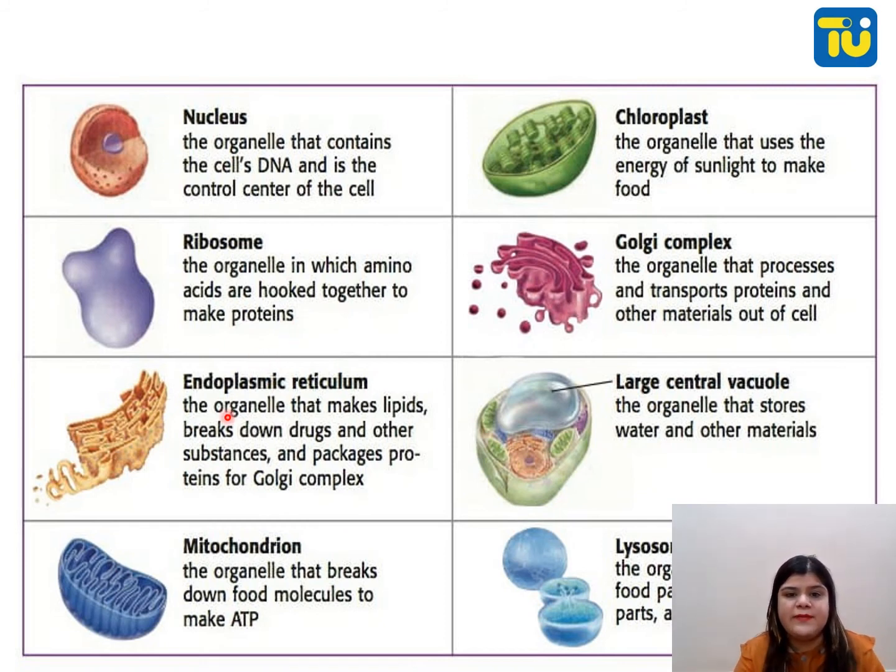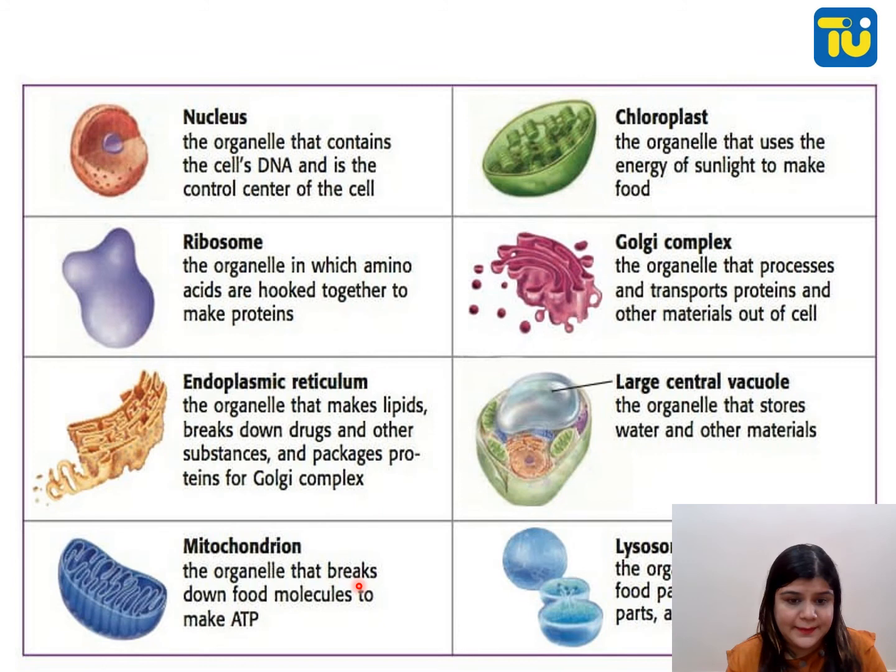The endoplasmic reticulum makes lipids, breaks down drugs and other substances, and packages protein for the Golgi complex. So the endoplasmic reticulum is also known as the packaging unit of the cell, and also as the skeletal system of the cell because it protects the nucleus, as the brain is protected by the skull in our body.